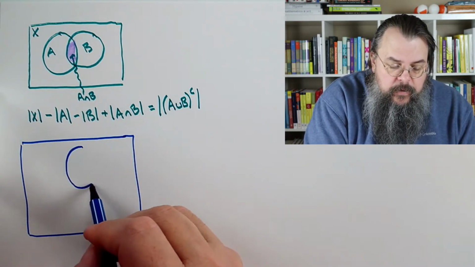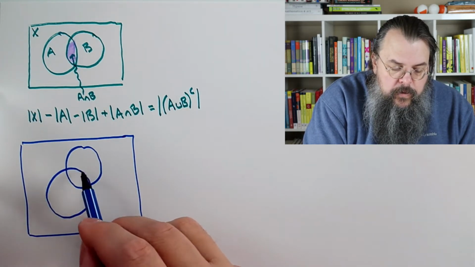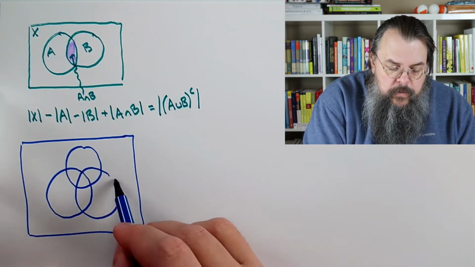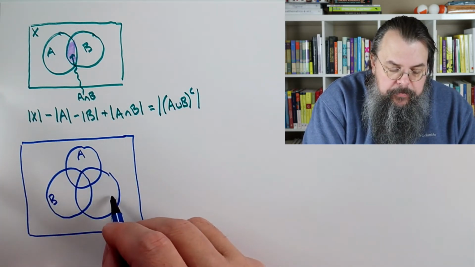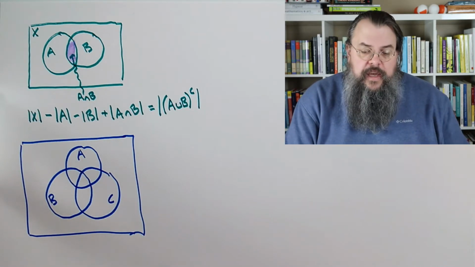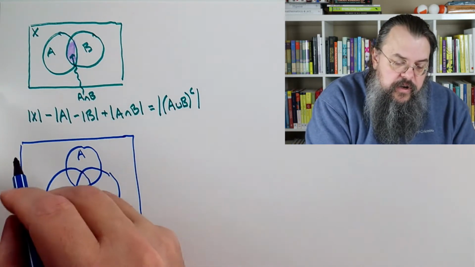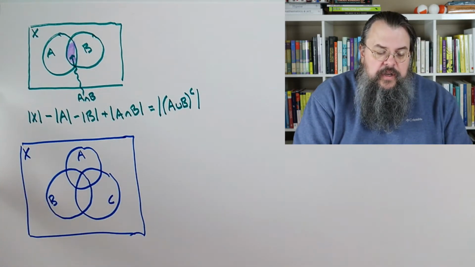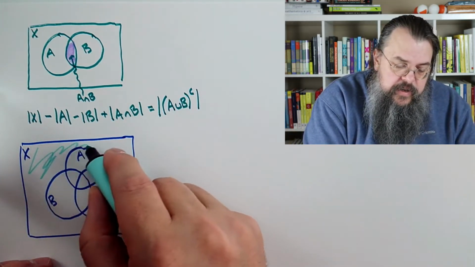So I'm going to have 3 sets, here we go, A, B, and C. All right, so suppose we wanted to count the same thing. To be explicit, what we're trying to count is everything that's sort of outside of this.